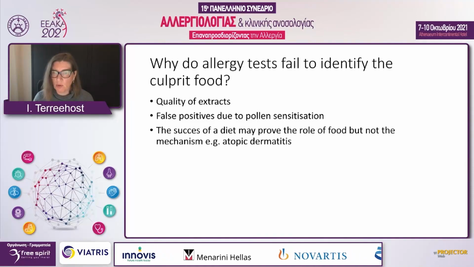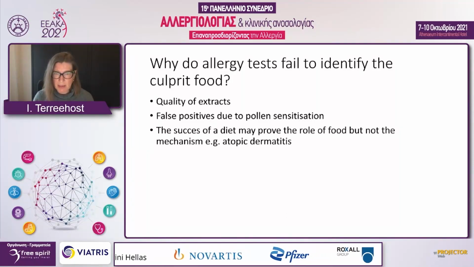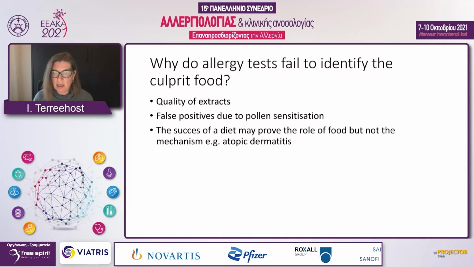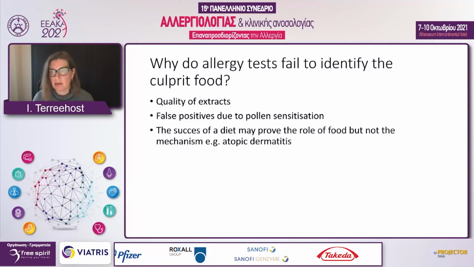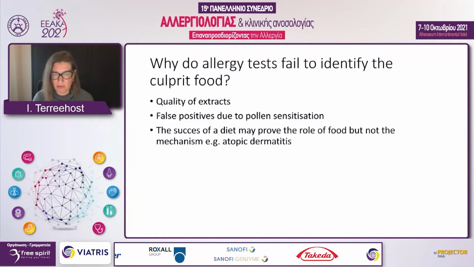Of course, we also all know the studies that when you actually do provocation tests double blind, the food may not be so important after all. But again, also in eosinophilic esophagitis, even when you have a positive test or a negative test, you still have to prove the role of the food, that it actually causes the symptoms, or in fact, alternately, is safe to eat.